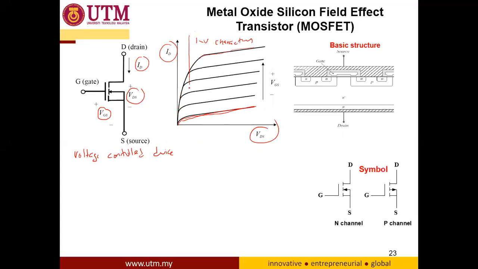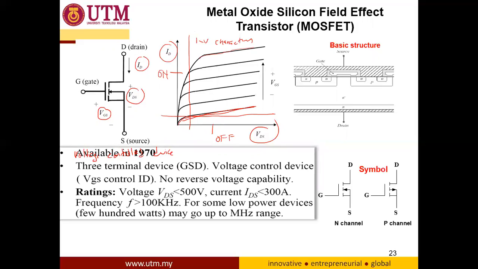Same as the BJT, we have three regions. We have saturation, so this is on. We have the cut-off region, which is off, and this is what I call the active region. Okay, so this MOSFET has a very low voltage capability, less than 500 volts, and the current is also not very high, around 300 amperes only.